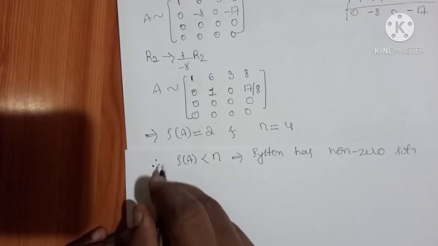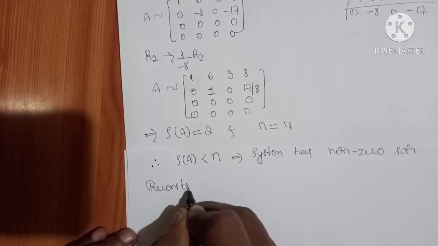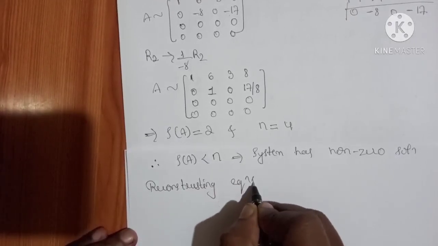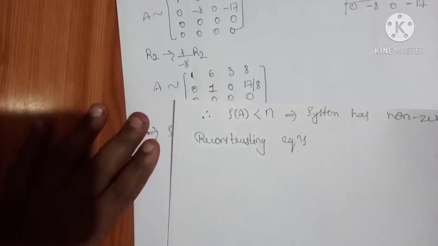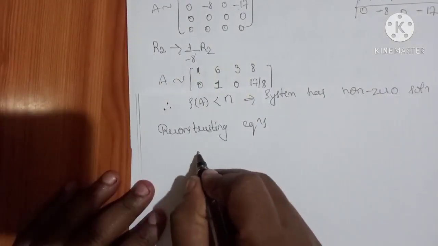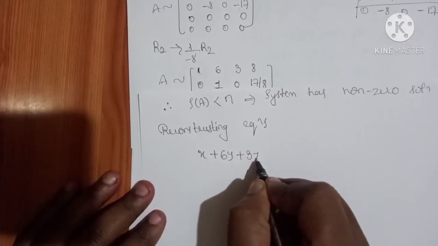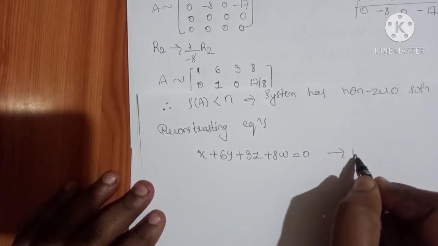Therefore, reconstructing the equations, we get, using the variables which are given in the question: 1 into x equals x plus 6y plus 3z plus 8 omega equals 0. Consider this as the first equation.